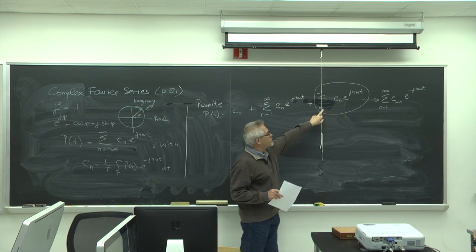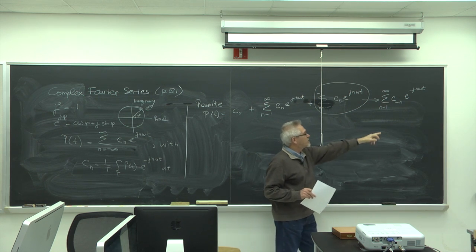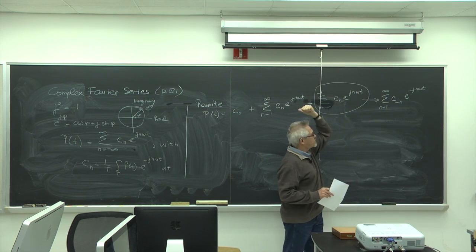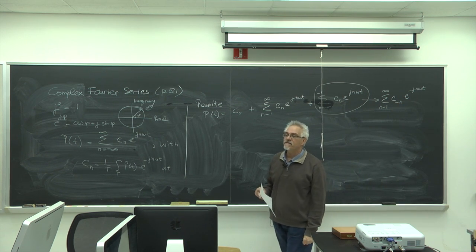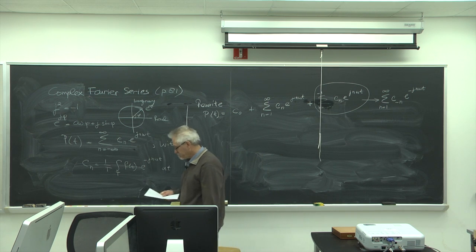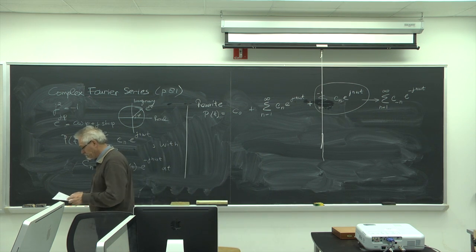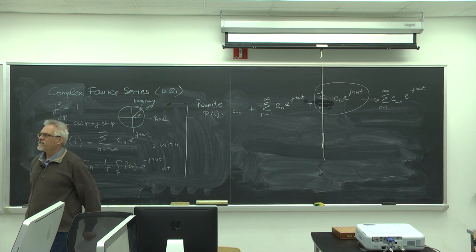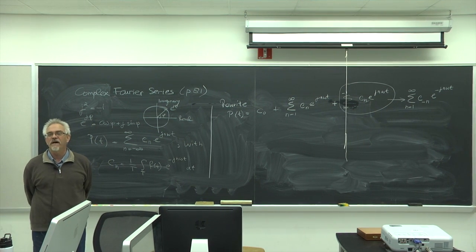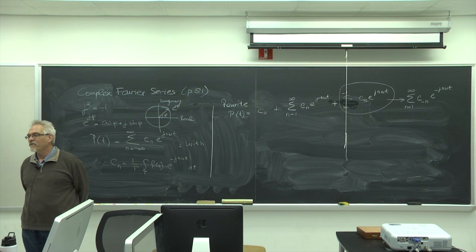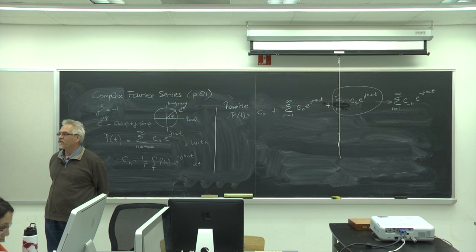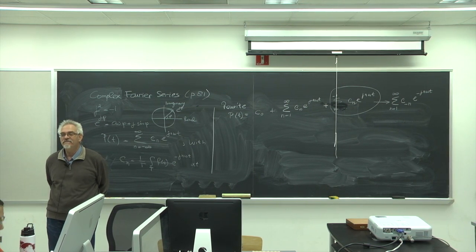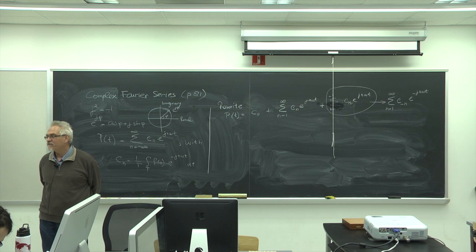So instead of going from minus infinity to minus 1, I can now go from 1 to infinity, just as over there, and I just change the sign of n. So it's now c minus n, and the exponential is also negative. That actually is an indication how we get to a concept of negative frequencies. Because, what is a negative frequency? Well, it rolls out of the math here. Because, of course, I've never seen a negative frequency, neither have you.